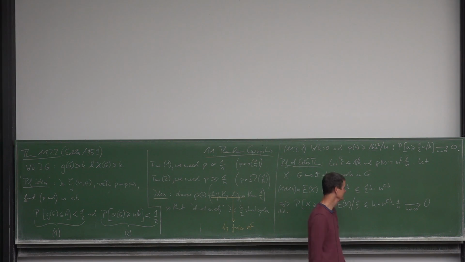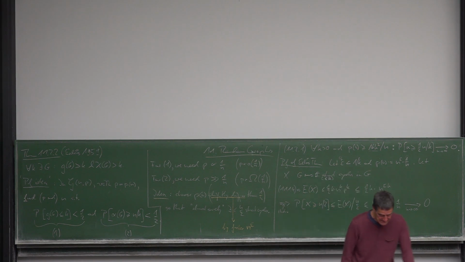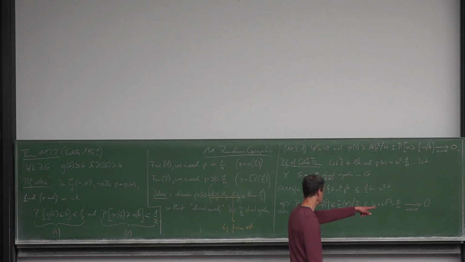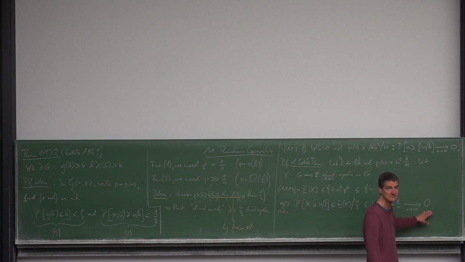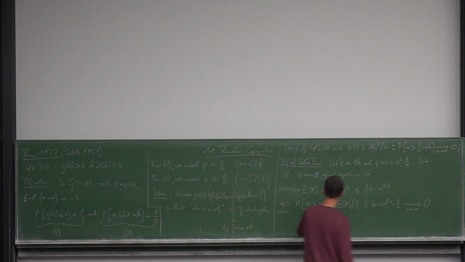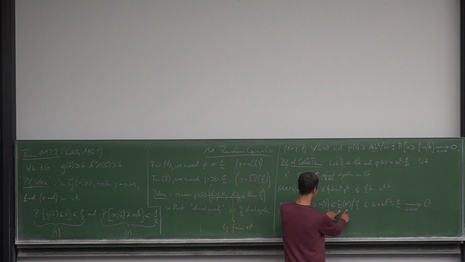Okay? Goody. But this calculation shows how the choices of epsilon and p of n came about. So we wanted this to go to 0, right? And we wanted to use Markov to make this go to 0. Now, Markov has to work with the expected number of short cycles, and that is known, that's this.